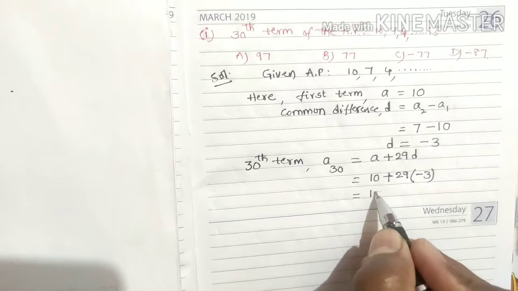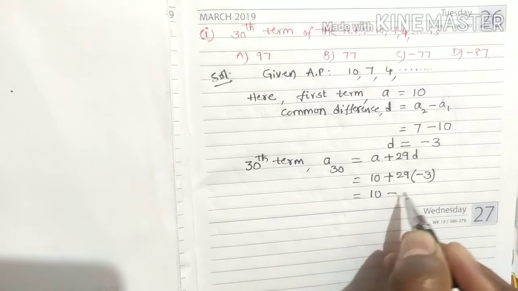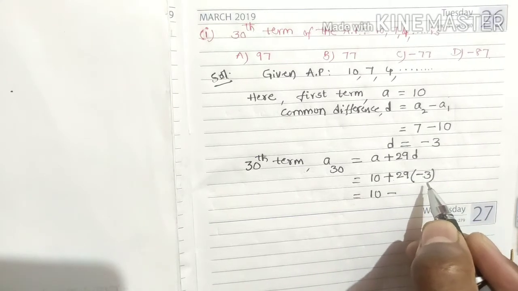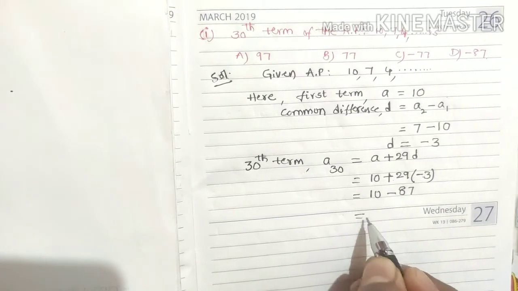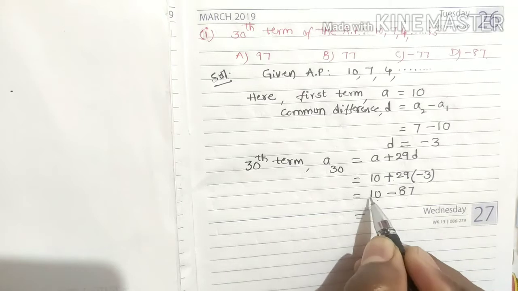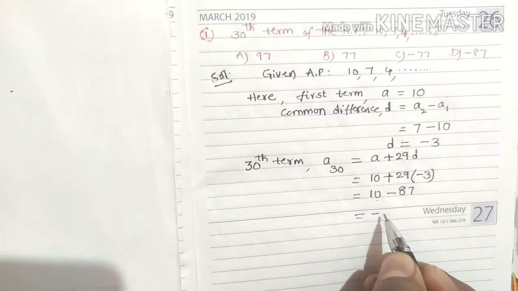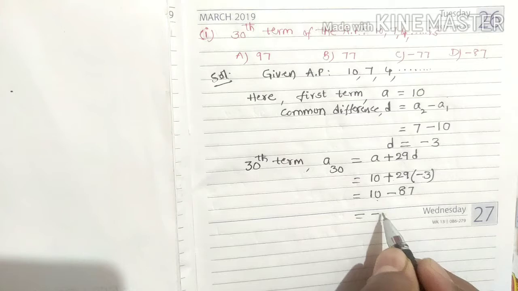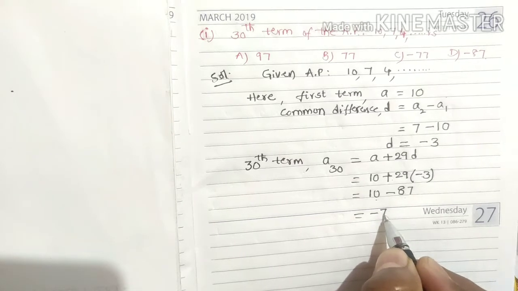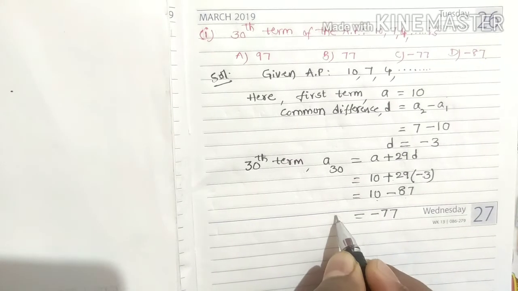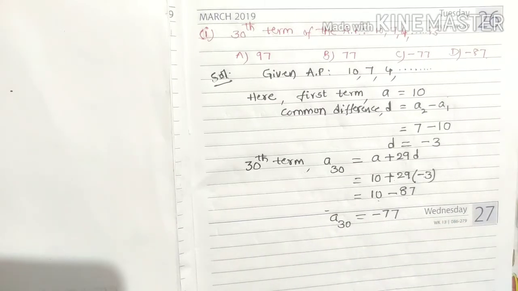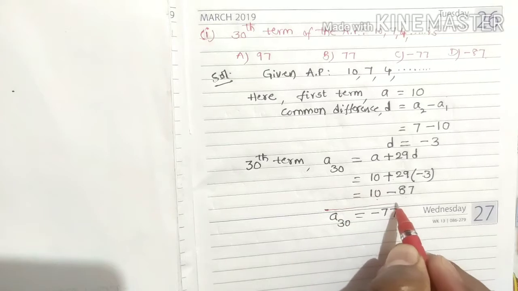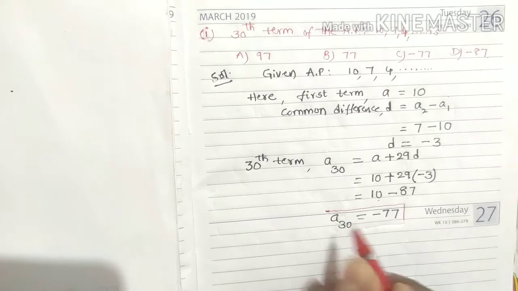That equals 10 plus, minus 29 3 times. 29 3 times is 87. So 10 minus 87. Smaller number minus bigger number, you will get a negative answer. So the final answer will be 10 minus 87, you will get minus 77, which is nothing but A30. So you will conclude that the 30th term is minus 77.